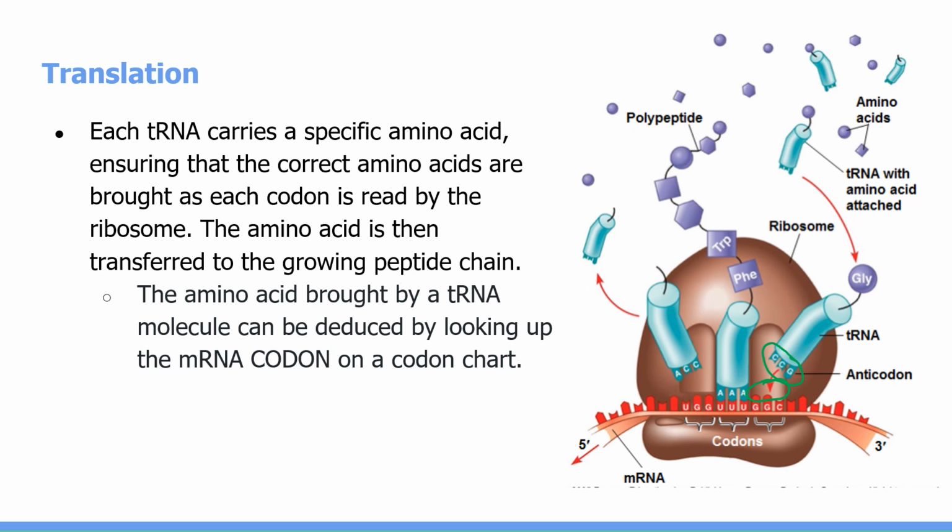And we see here that, again, this bond is broken and transferred over to the new one. And so once that is transferred, this tRNA is going to move to this area here and leave the ribosome. And the process continues in that way.